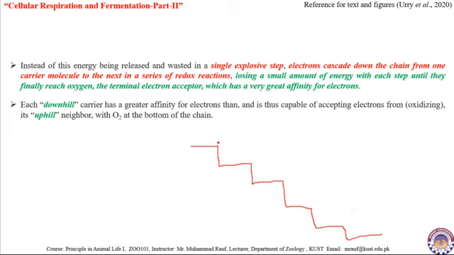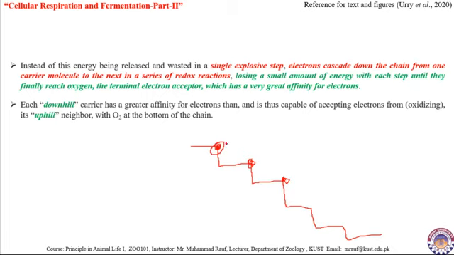Now suppose one of the electron acceptors which is present here has less electronegativity. This one has more electronegativity than this one, and this one has more electronegativity than this one. So the electronegativity increases as the electrons pass from one carrier to another carrier.